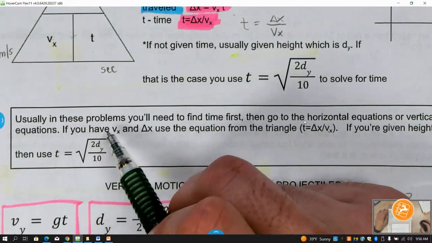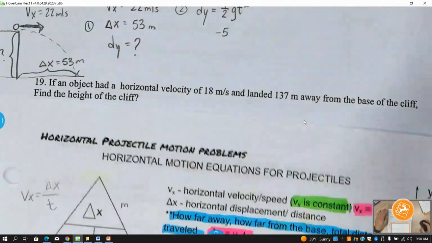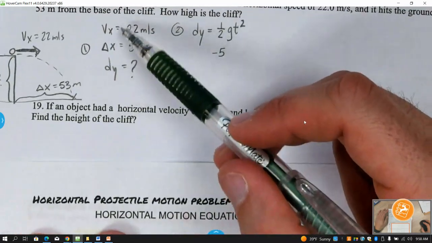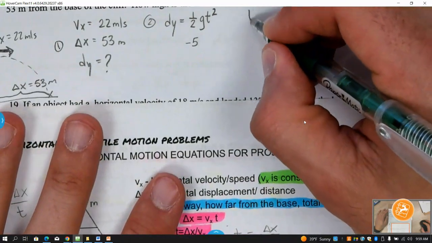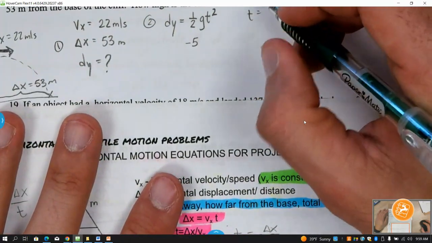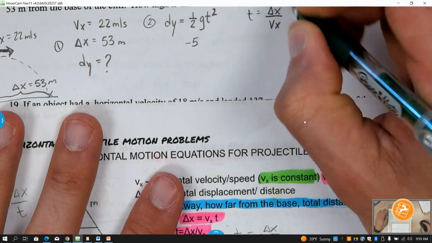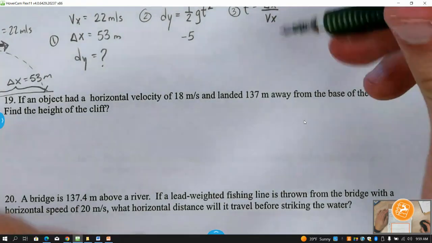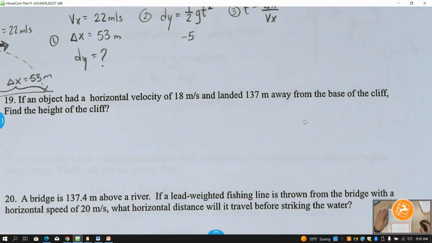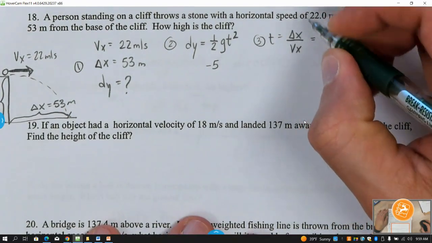Now this says if you have Vx and delta x, use this equation. Do we have both Vx and delta x? Yeah. So we're going to do this equation for t. Delta x over Vx. So this will be your third point.